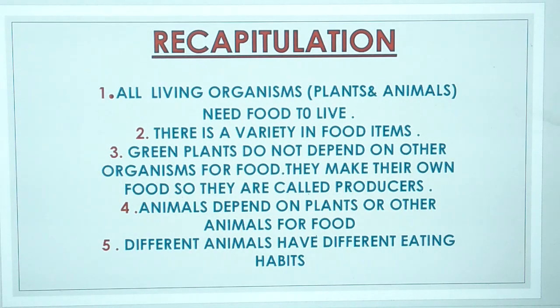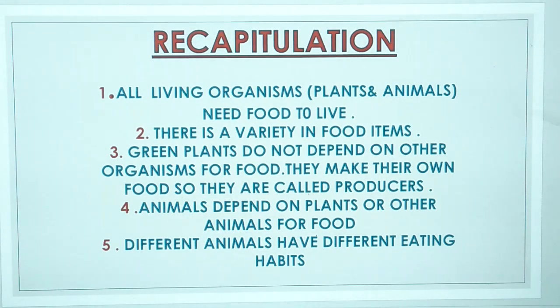Now let us recapitulate. So we have learned that all living organisms, whether it is plants or animals, need food to live. Number 2, there is a variety in the food items. We eat different kinds of foods. Number 3, green plants do not depend on other organisms for food.